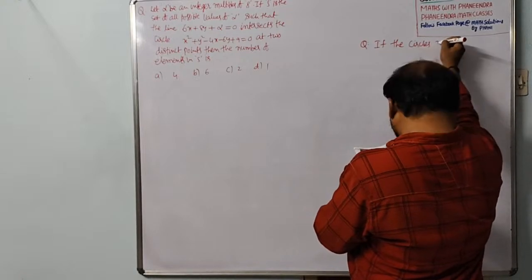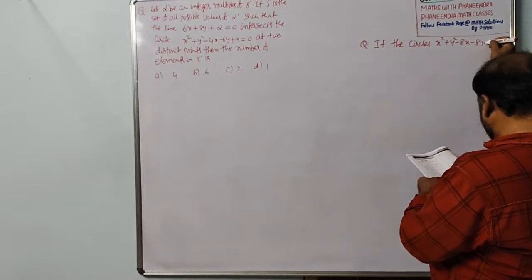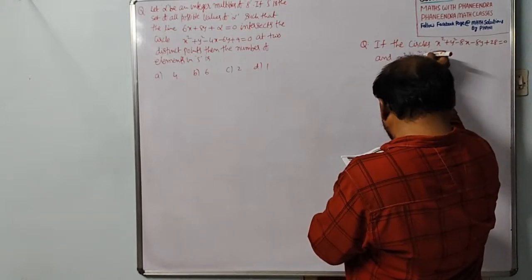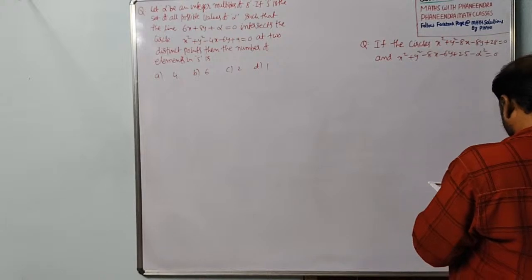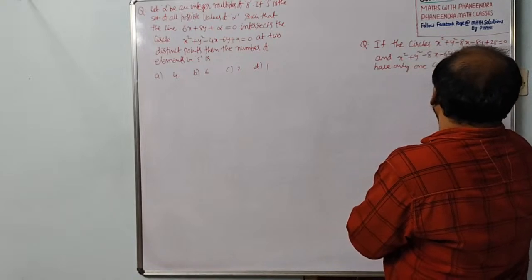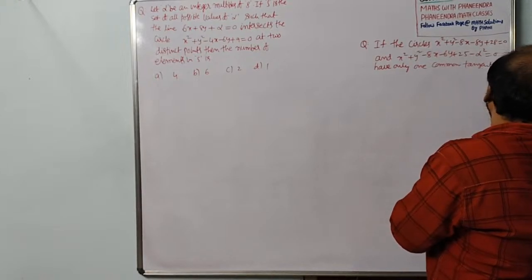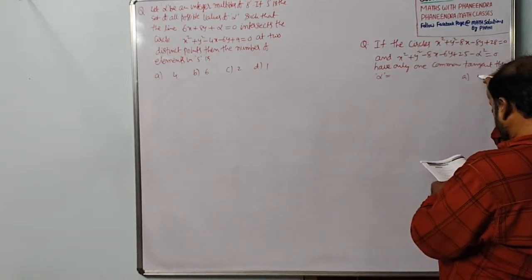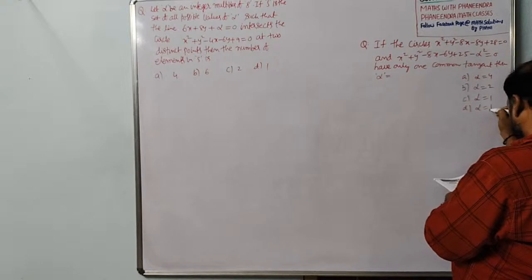If the circles x square plus y square minus 8x minus 8y plus 28 equal to 0 and x square plus y square minus 8x minus 6y plus 25 minus alpha square equal to 0 have only one common tangent, then alpha equal to: options alpha equal to 4, 2, 1, 5.